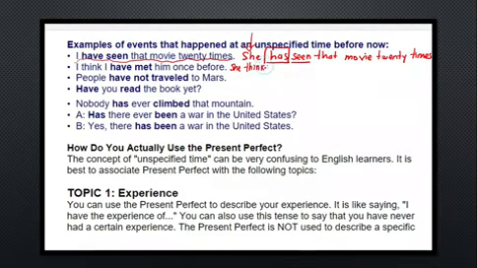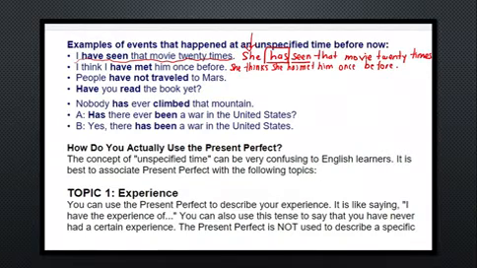She thinks she has met him once before. Okay?